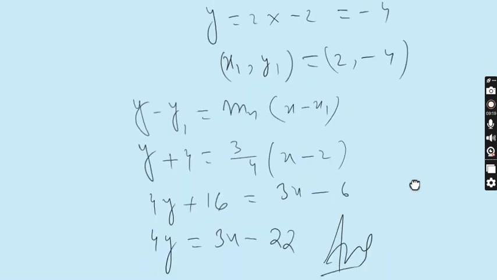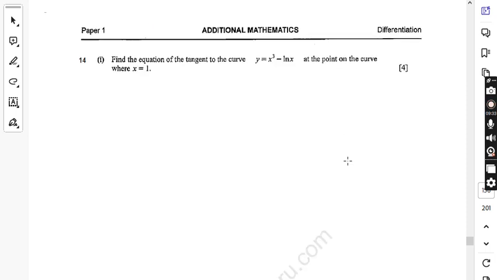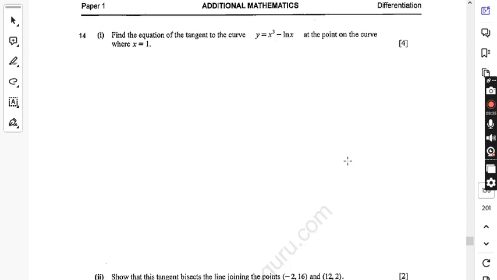So hope you enjoy this question. This question came in May-June 2014, paper 1-3. Move to the next question. Question number 14.